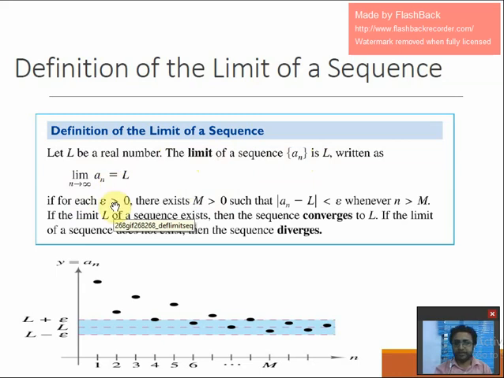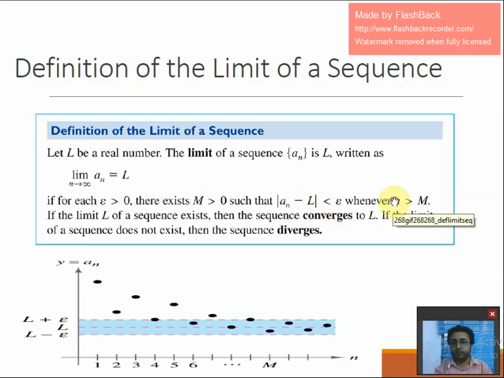The mathematical definition is given like this: for every arbitrary epsilon greater than 0, this is very important, every epsilon greater than 0, that means you can consider epsilon as small as possible, but it is greater than 0, if there exists some number m, also greater than 0, such that the absolute difference between L and A_n is less than epsilon whenever n is greater than m.